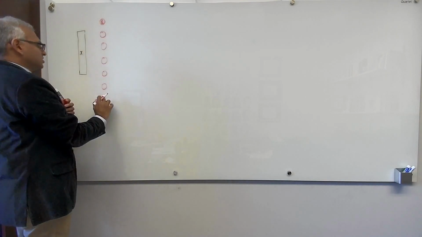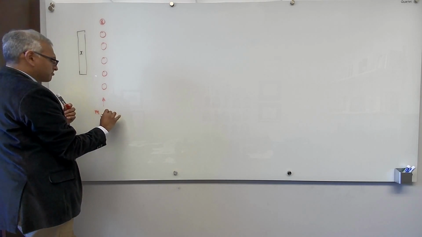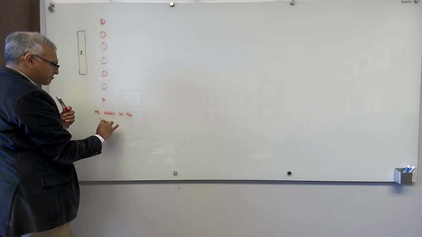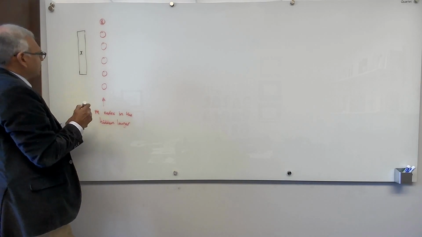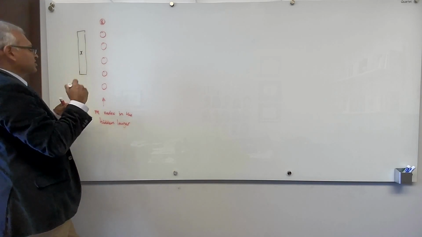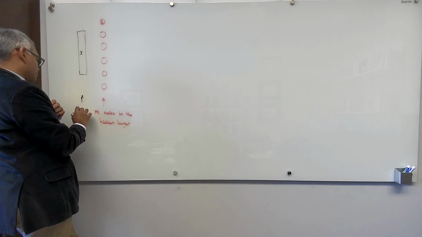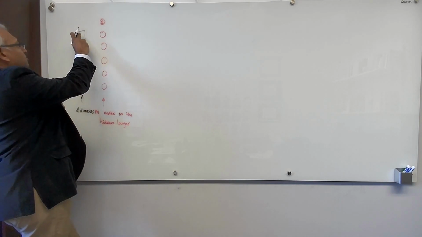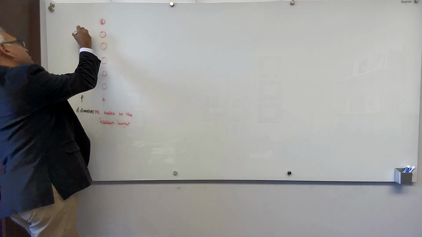Let us suppose that you have M nodes in the hidden layer, and your input has D dimensions, so there are actually D plus 1 vertices here with the augmented one.